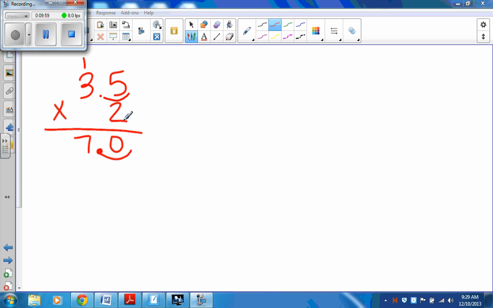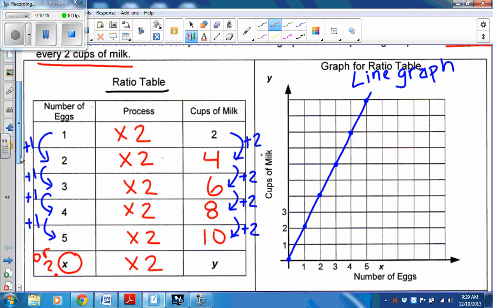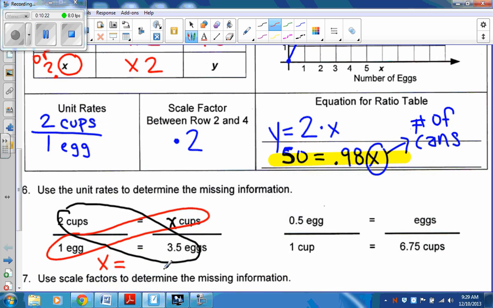Remember, when you're multiplying decimals, you multiply like the decimal is not there, and you have to back in the number of times it moved at the end. So here it moved 1 time, here it moved 0 times, so I'm going to move the decimal a total of 1 spot, and that's what this red line represents. So my answer is 7. So this one is pretty easy. If I have 3.5 eggs, I'm going to need 7 cups of milk or whatever it is.